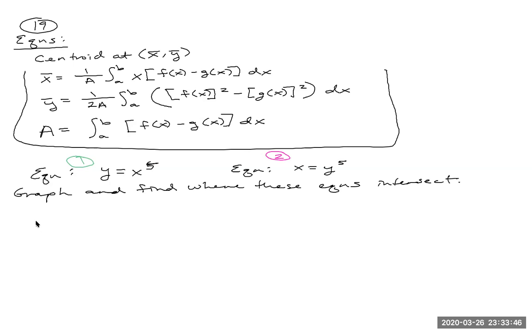Notice if you have y equals a function of x, you're going to have x as your input and then y as your output. So we're going to cut, remember we had essentially x equaling 0 up to 1. So a is 0 and b is 1.